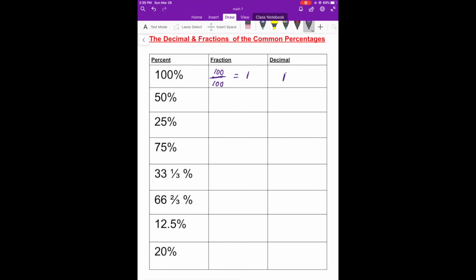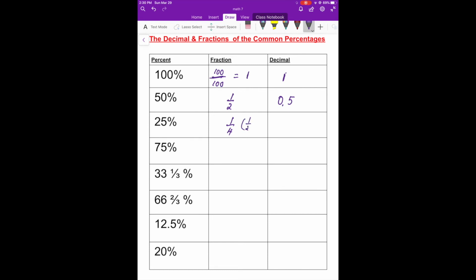And what is 50%? 50% is half of 100%. So the fraction is 1/2 and the decimal form is 5/10, 0.5. And 25%, we always use that in our real life. It is a quarter, so that's 1/4, half of 1/2.